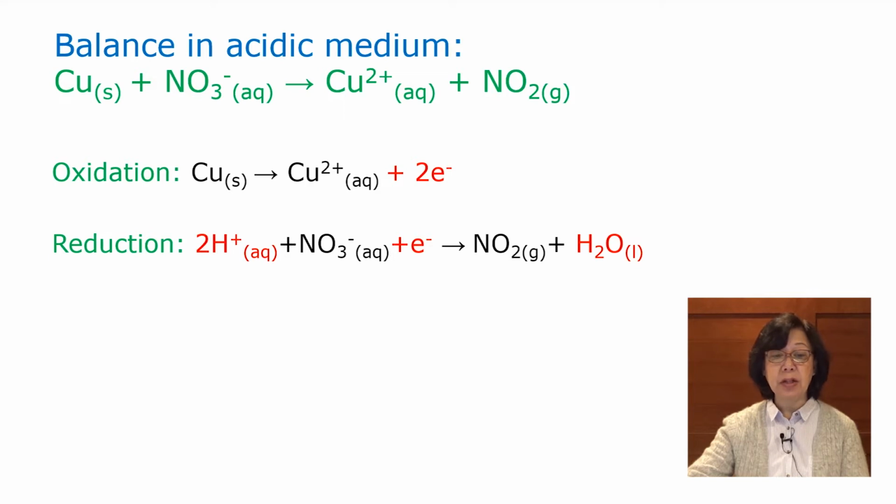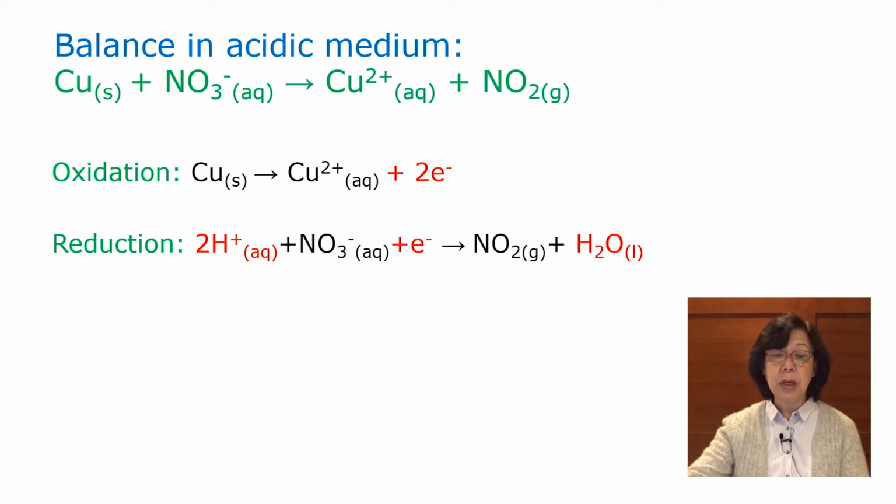Then the second half reaction is the nitrate ion being reduced into NO2. Now looking at the oxygen atoms, we have 1 mole on the left. Therefore, we add 1 mole of water to the right, on the product side, to balance the oxygen atoms. In doing so, we created 2 H atoms on the right, so we now add 2 moles of H plus to the left to balance it.